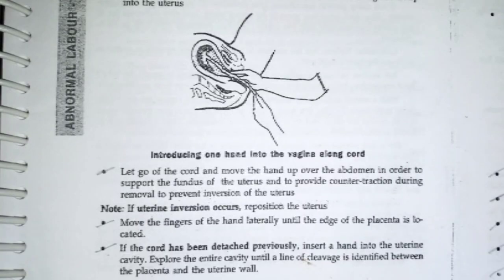The first method of removal of the placenta is by introducing the hand. Here the person performing this procedure follows all the safety measures first, and then inserts their right hand inside the birth canal, that is, inside the vagina. While inserting, they hold the cord and move it laterally.